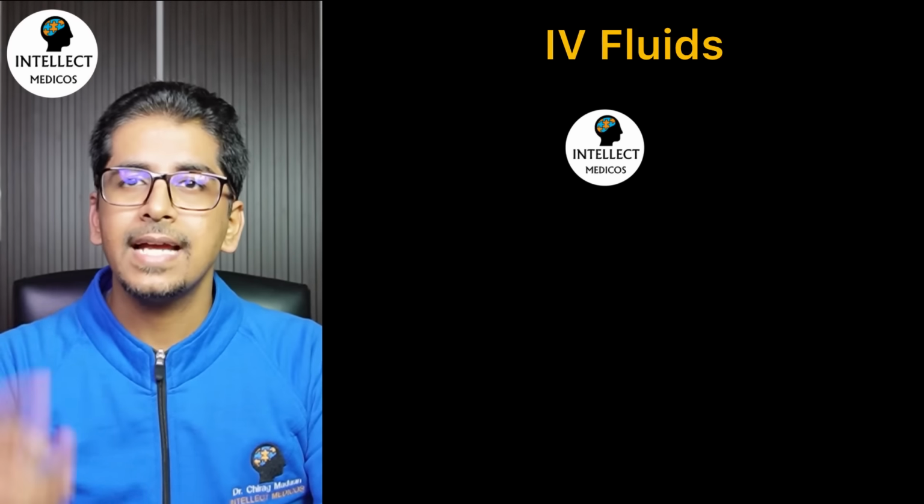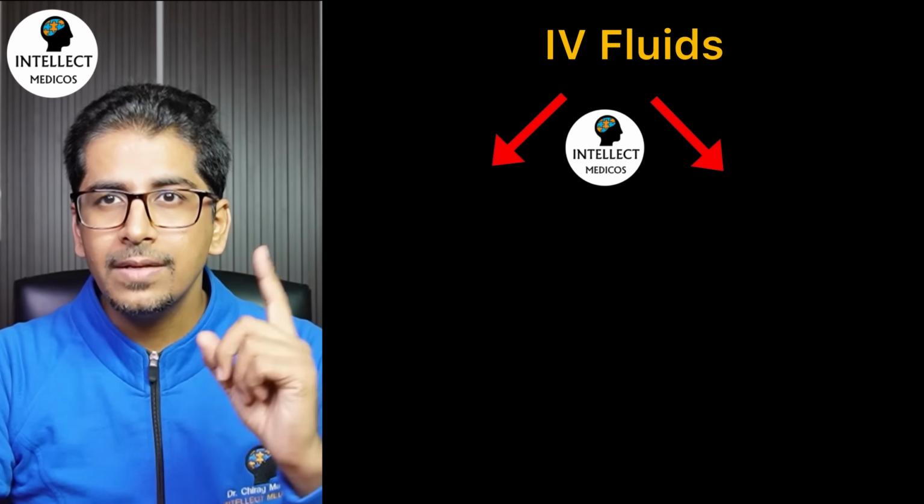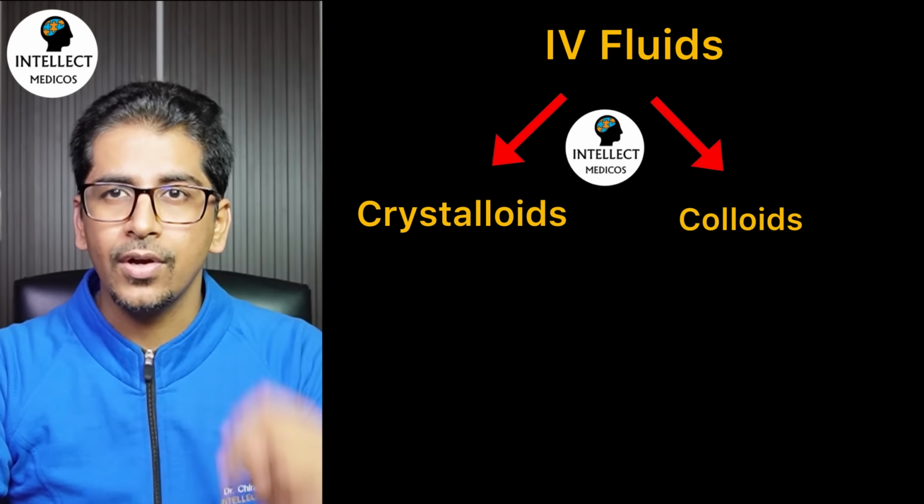Now, how do we see these IV fluids and how are they categorized? First of all, they are categorized into two main types: crystalloids and colloids.